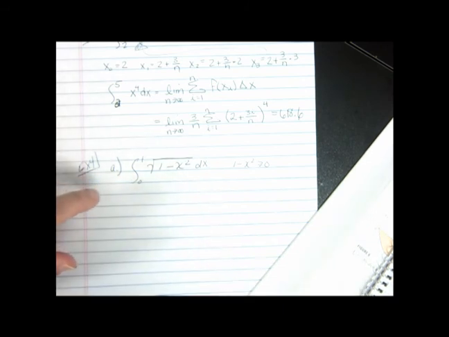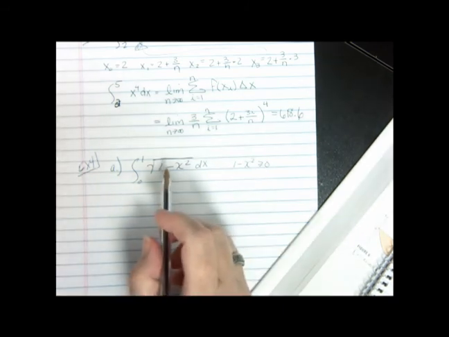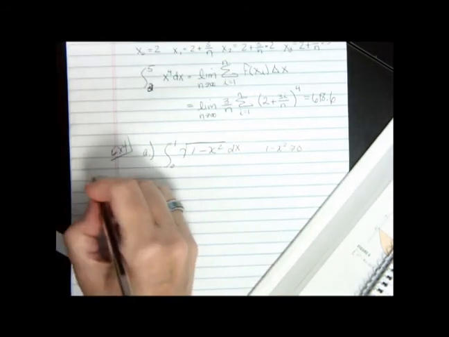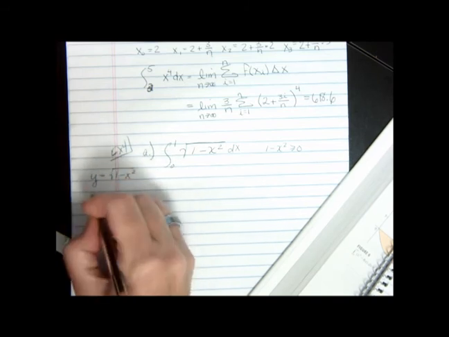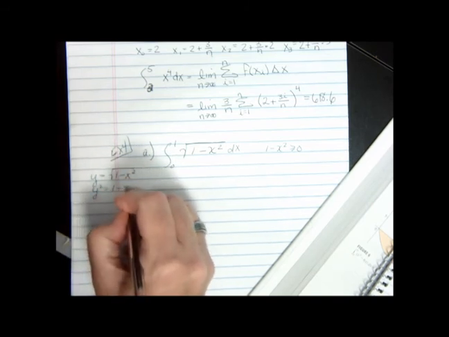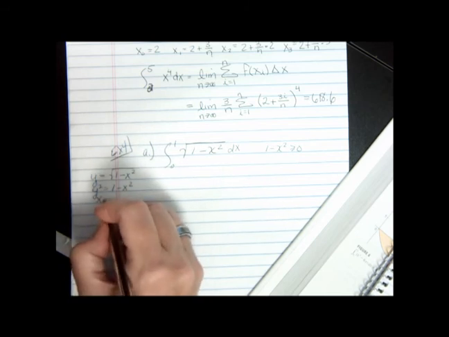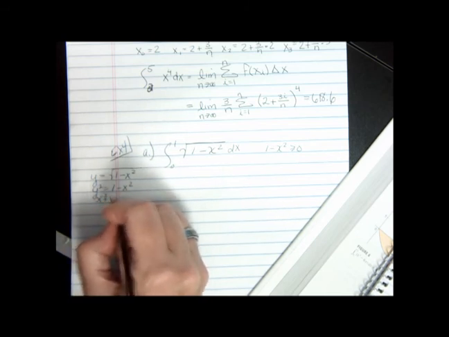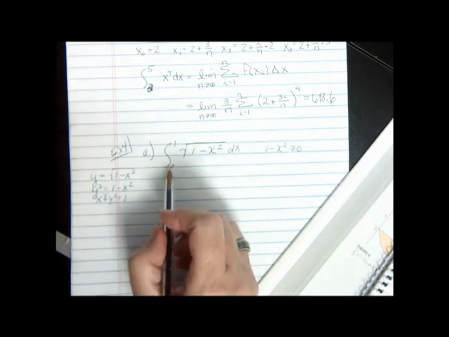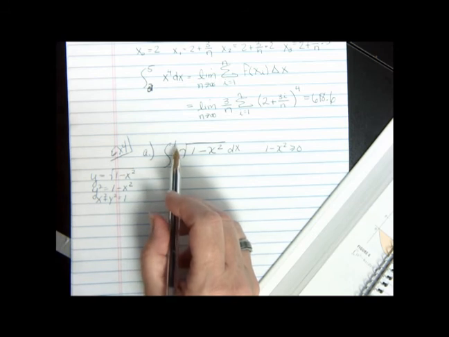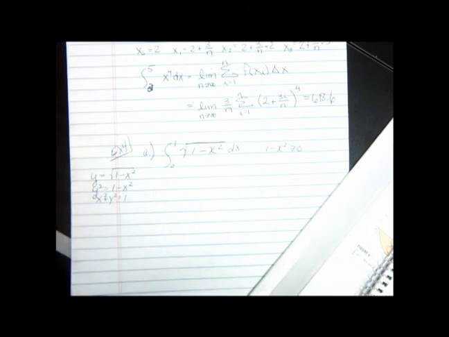If I really take a close look at this in my brain, this is what I was thinking. If I square both sides, I can see that this is actually a circle. And the area that I'm looking at from 0 to 1 would just be in the first quadrant of the circle. So that's my area under the curve, the first quadrant of the circle, so 1/4 of the circle.